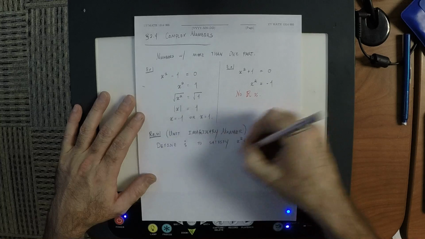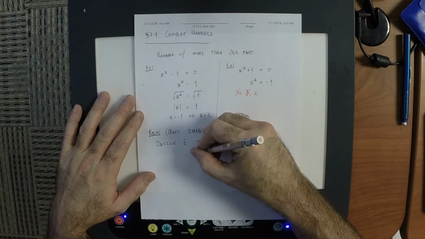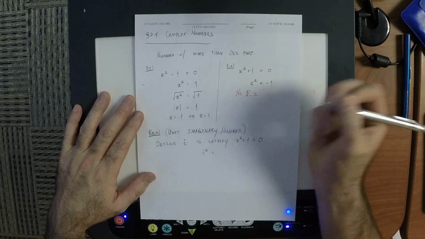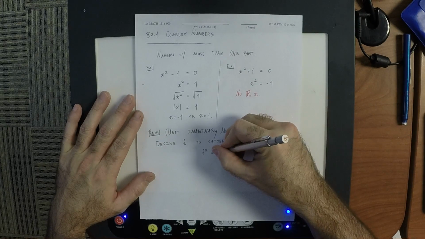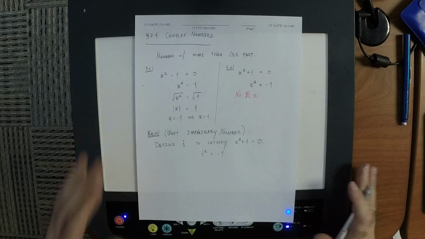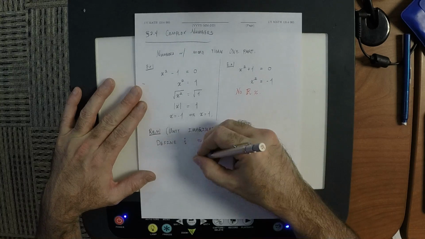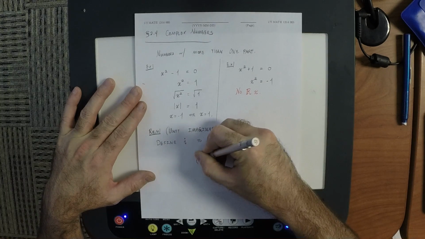So immediate consequences of this: what is i squared? It is negative 1. You square i, you get negative 1. Okay, what if you square negative i?